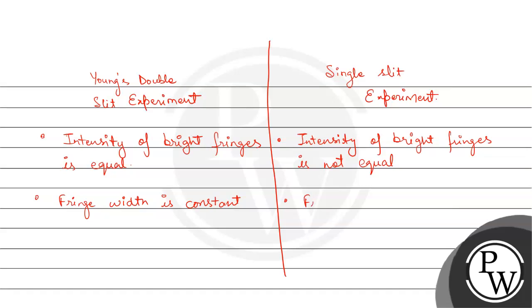Hence, fringe width is not constant. So these are the two points of difference between Young's double slit experiment and single slit experiment.